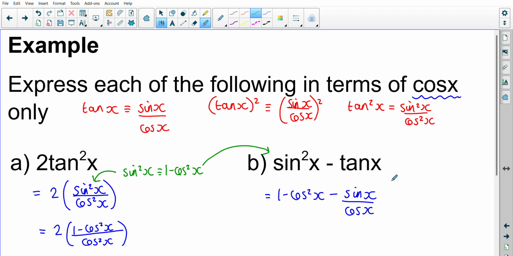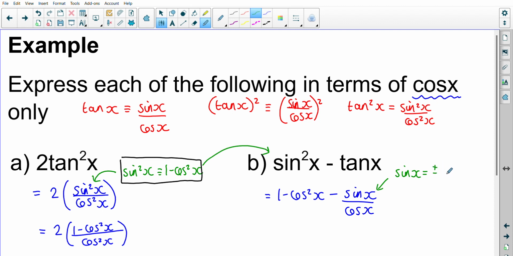Okay, well done if you spotted it. It's not massively common. It comes up from time to time, but you can change sine x to a square root part. So if we look at this over here, that's when I've got a sine squared x. Well, if I've just got a sine x, if I square root the left-hand side, I am going to square root the right-hand side.